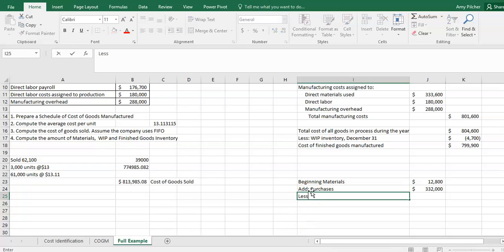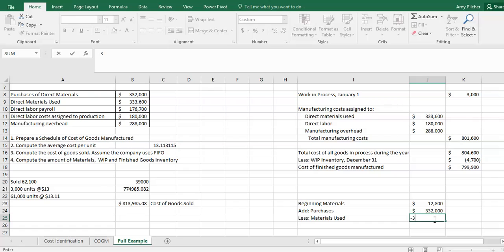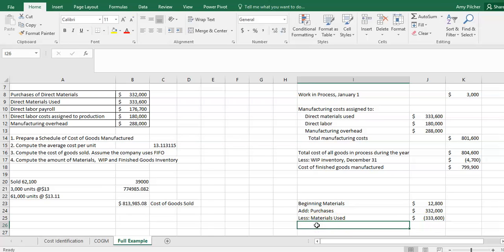We subtract materials used. So here are materials used, $333,600. That gives us our ending direct materials.